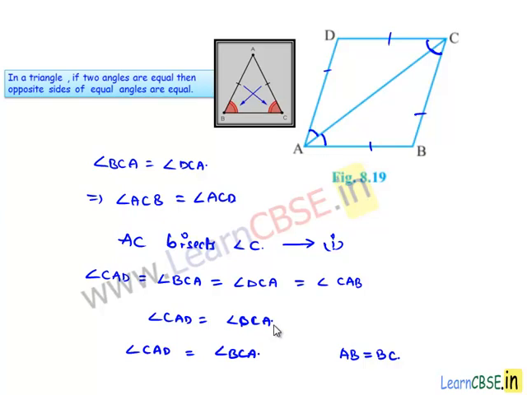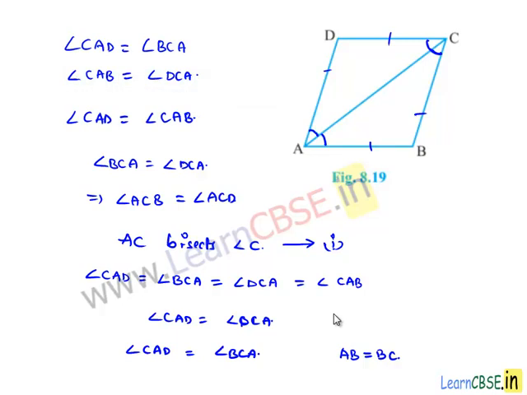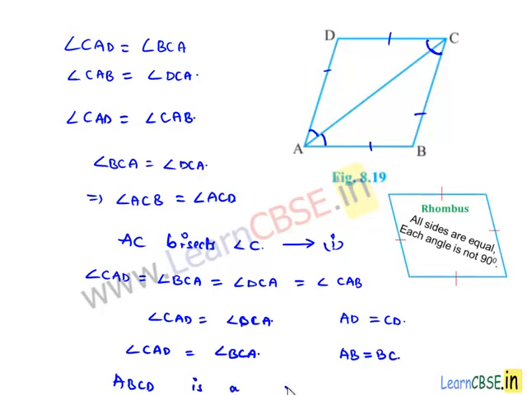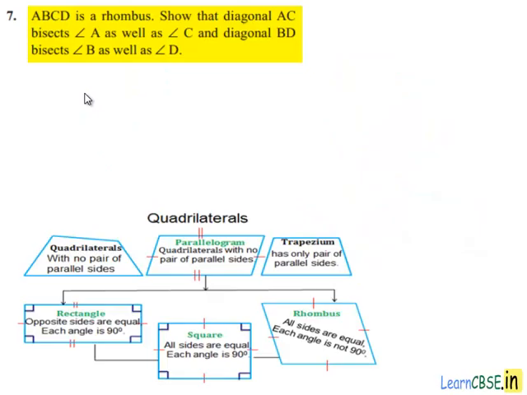Here in the parallelogram, the adjacent sides are equal, so we can say that ABCD is a rhombus. This is for the required second proof.